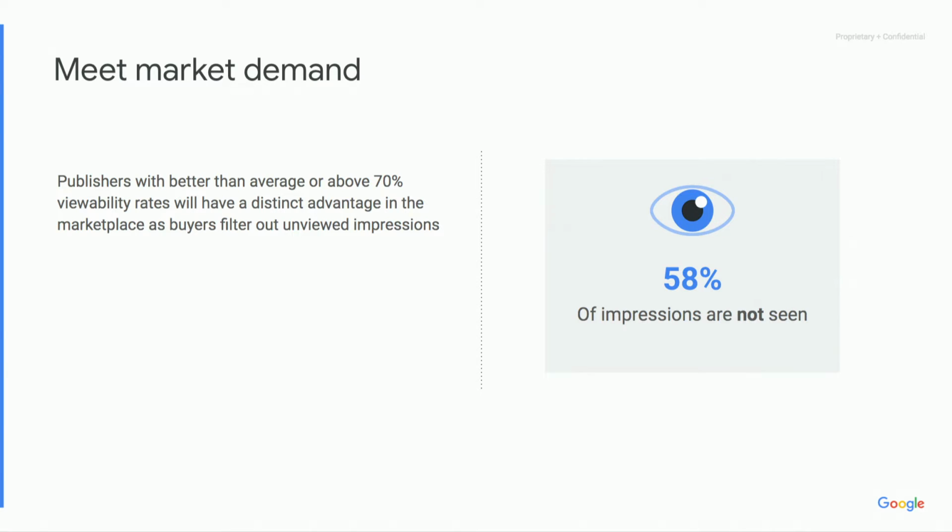However, average publisher viewability dropped from about 44% to 41%. The IAB recommends a viewability rate of about 70%, and currently only 10% of domains are able to achieve this target. Advertisers and buyers are increasingly looking to purchase ads that are more viewable, so publishers who can reach this target are more likely to see higher demand.